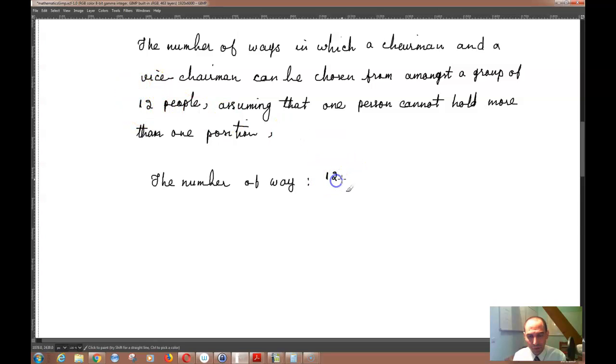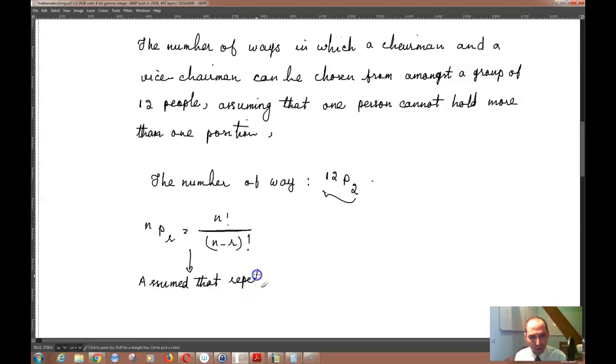So that would be 12 permutation 2, and in the definition of this formula, n permutation r, which is n factorial over n minus r factorial, we already have assumed that repetition is not allowed.